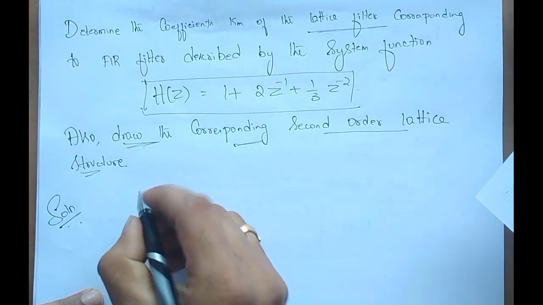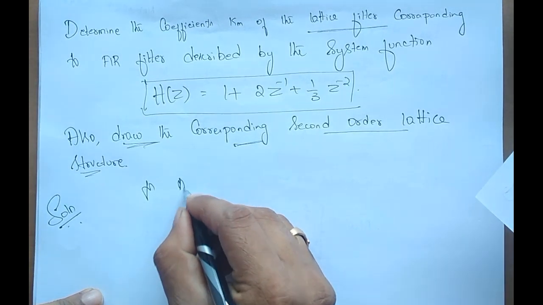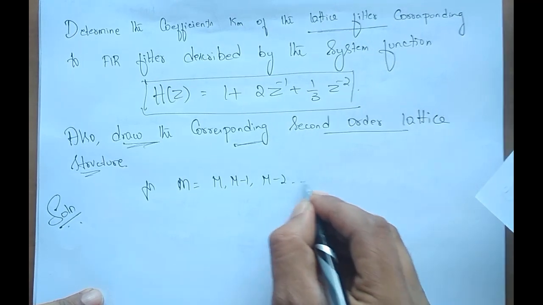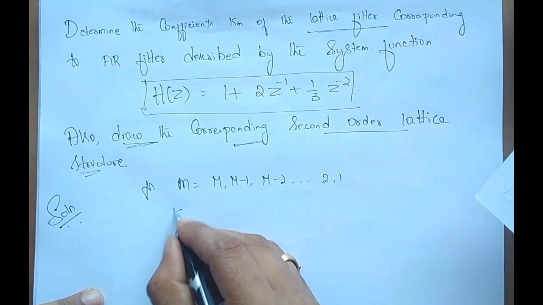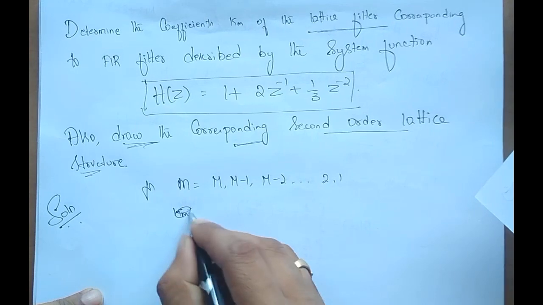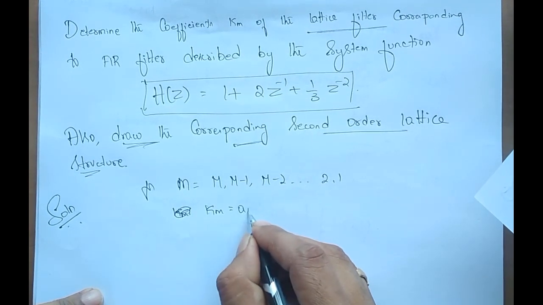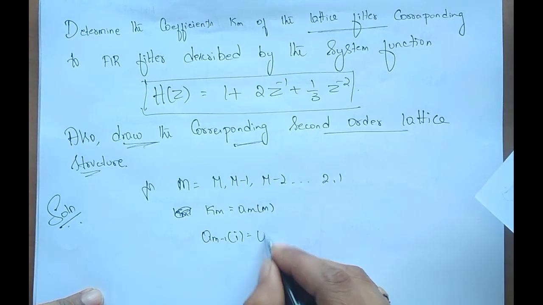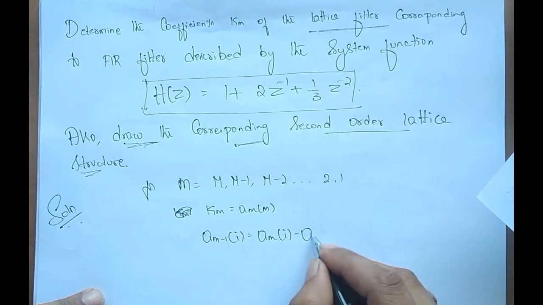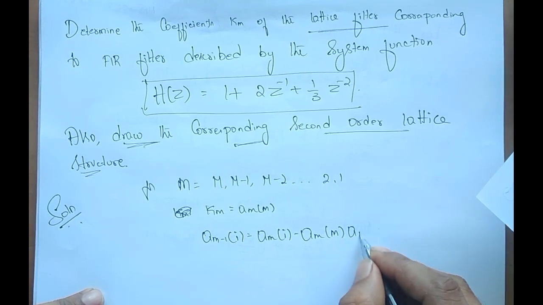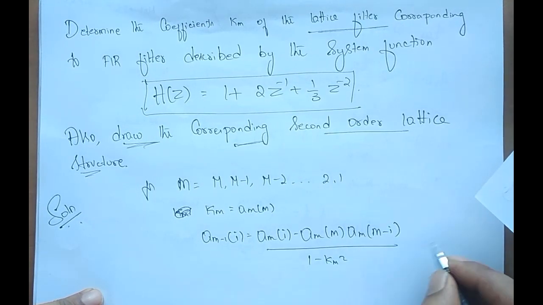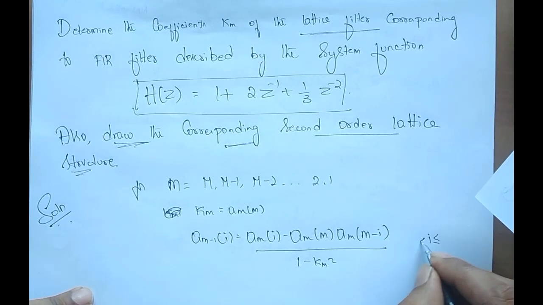For m taking the value m, m minus 1, m minus 2, down to 2, 1: km is equal to am of m, and am minus 1 of i is equal to am of i minus am of m into am of m minus i, whole divided by 1 minus km square, and i taking the value between 1 to m minus 1.